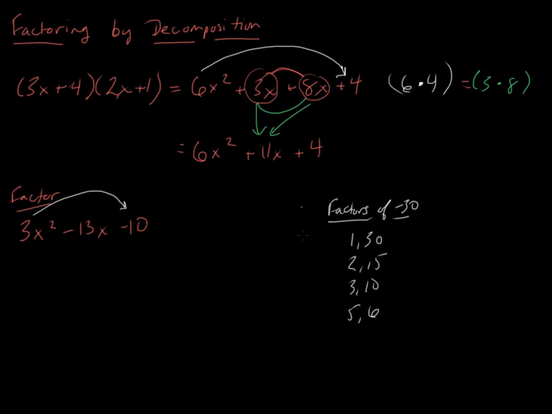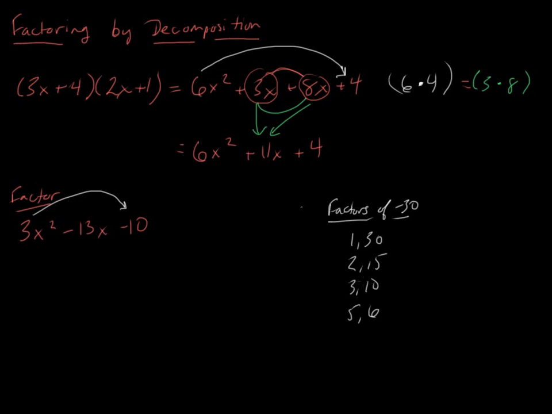So the other thing that we need to satisfy is that when we combine two of these factors, we get minus 13 as a result. So we need to find two numbers that combine together to get us minus 13. Now keep in mind, one of the factors in each of these sets is negative.